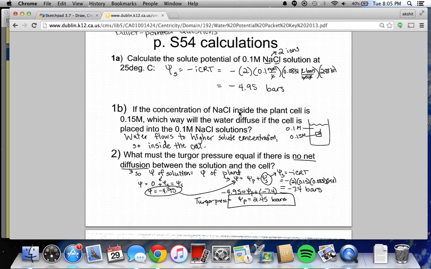Because the concentration is 0.15 in the cell, you can calculate the solute potential, and you plug in 0.15 for the concentration and so on and so forth, and you get negative 7.4 bars. So you plug in negative 7.4 bars here and negative 4.95 bars for the water potential of the outside solution, and you just solve for the turgor pressure. Because it's a simple equation, you get 2.45 bars.